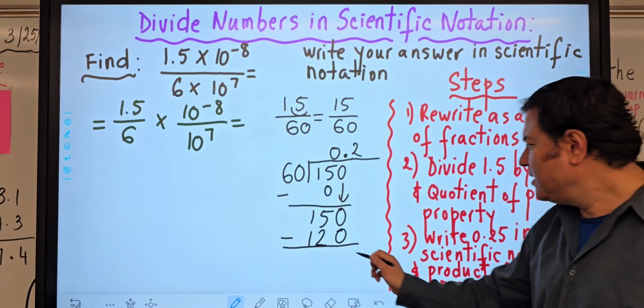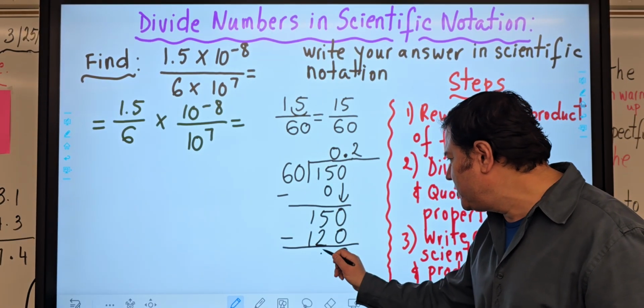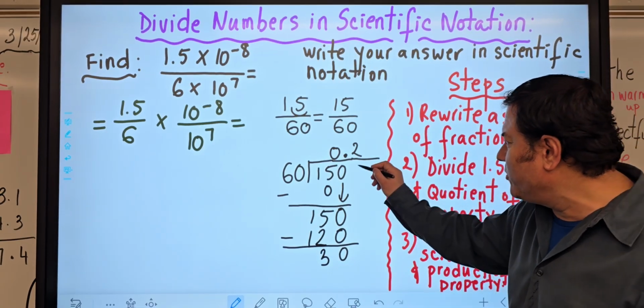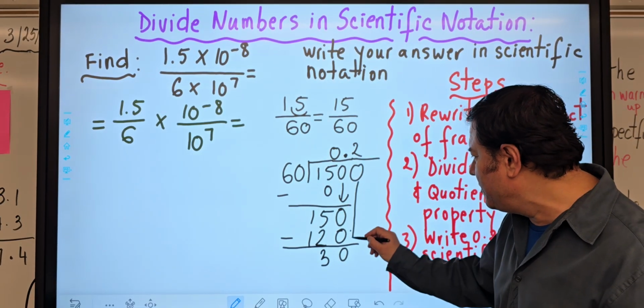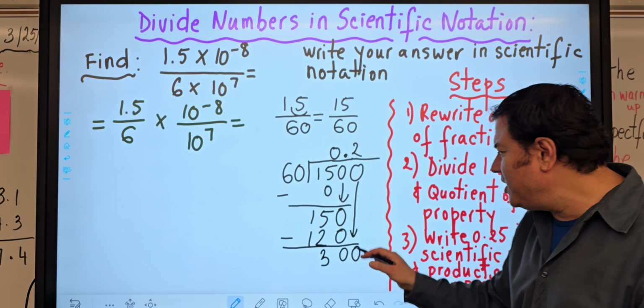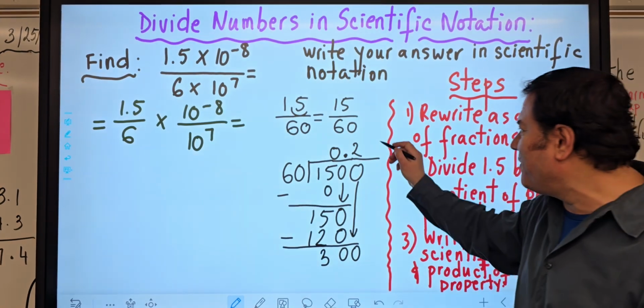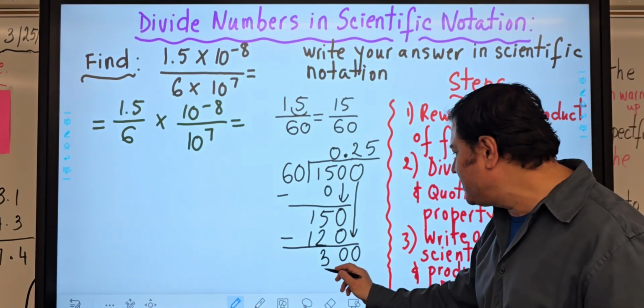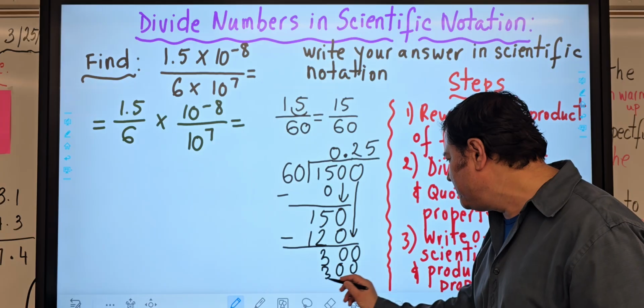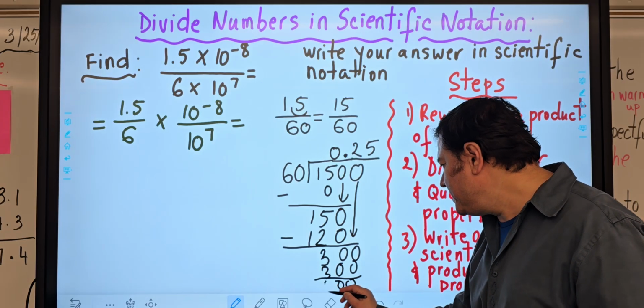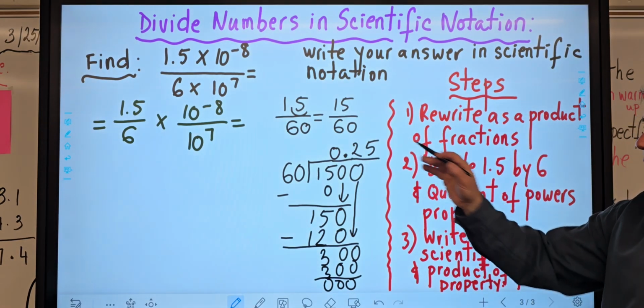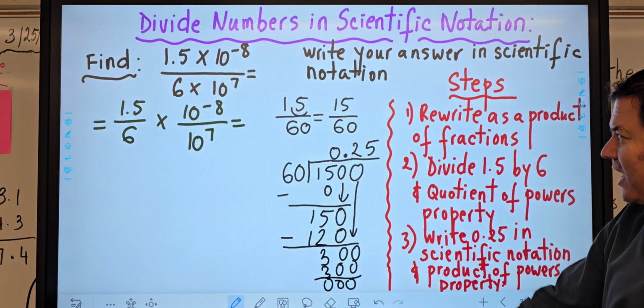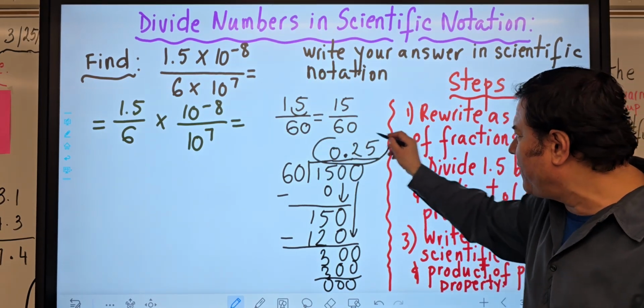Let's subtract. 5 minus 2 is 3. And again, now we are going to add another 0 and bring it down. And 60 into 300 is exactly 5 times. 5 times 60, we get 300. Okay, so 1.5 divided by 6 gives us 0.25.